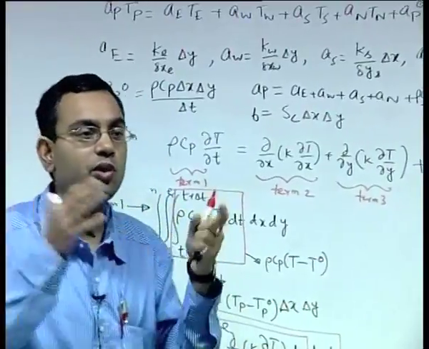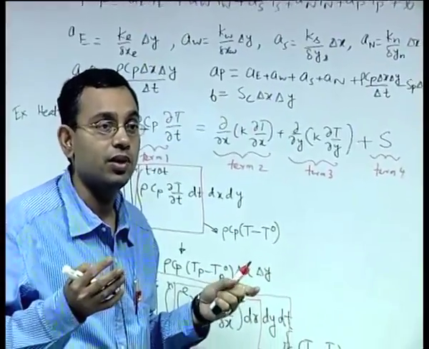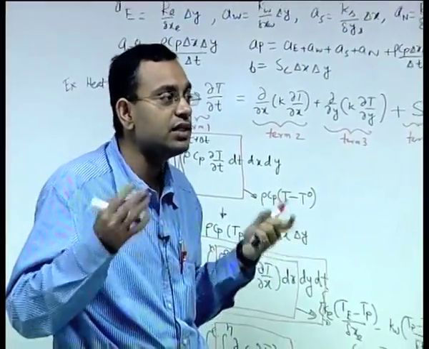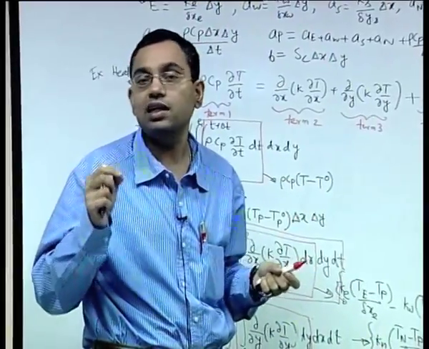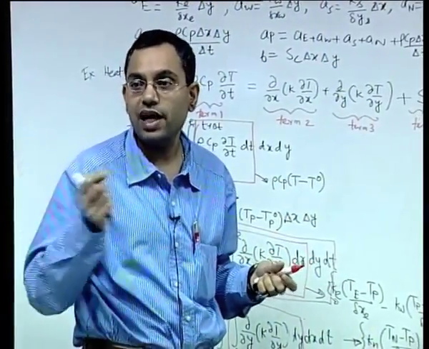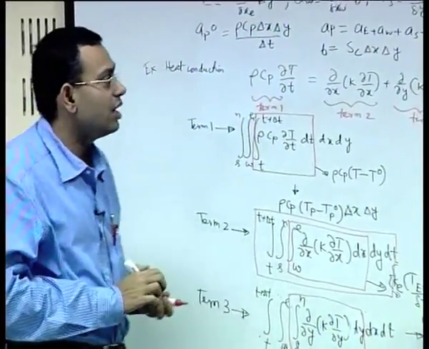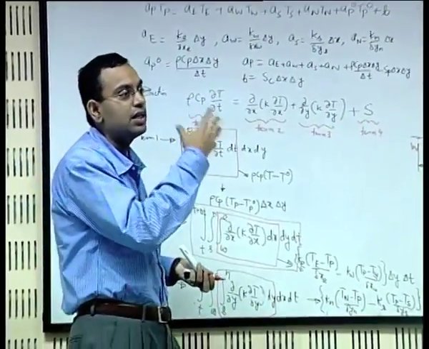Say you have a program which is given to you or which you have developed for an unsteady problem, but you want to use the same program for a steady problem. What trick can you play? Just use the same program, set artificially delta t equal to very large, so that the term which contains delta t will become 0.